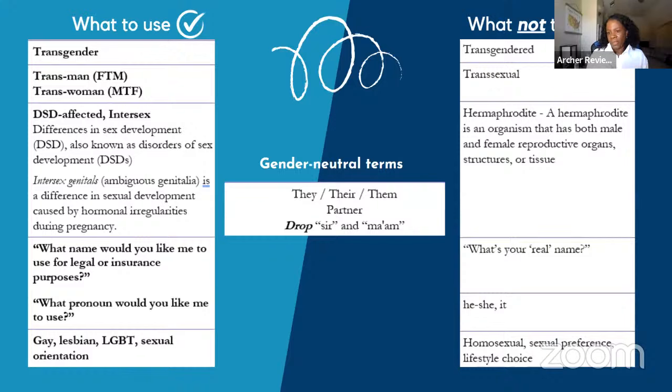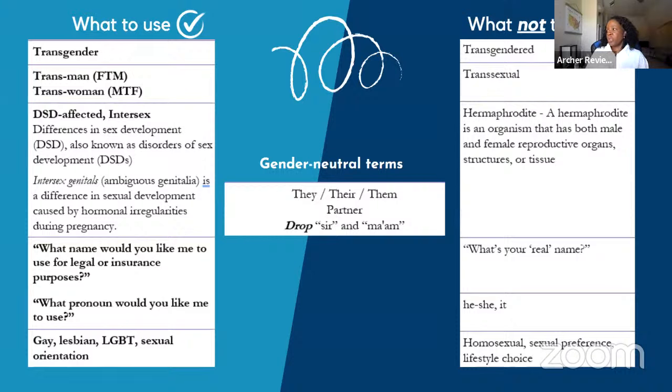When we say pronouns, we want to say they, them instead of he, she, or it. It could be very offensive. And when we use the terms lesbian and gay, it is more appropriate as opposed to saying you're homosexual or asking what's your sexual preference, what's your lifestyle. We're just trying to get away from those negative terms.